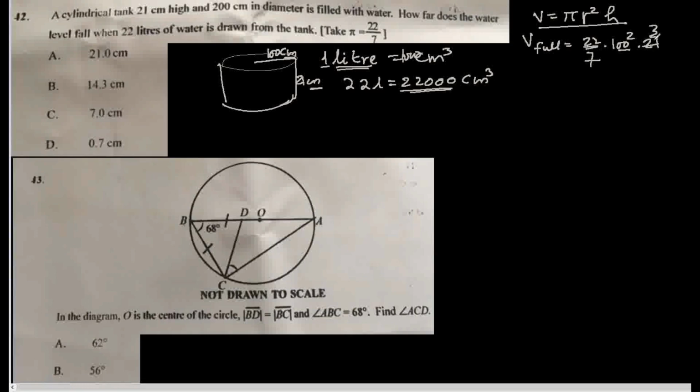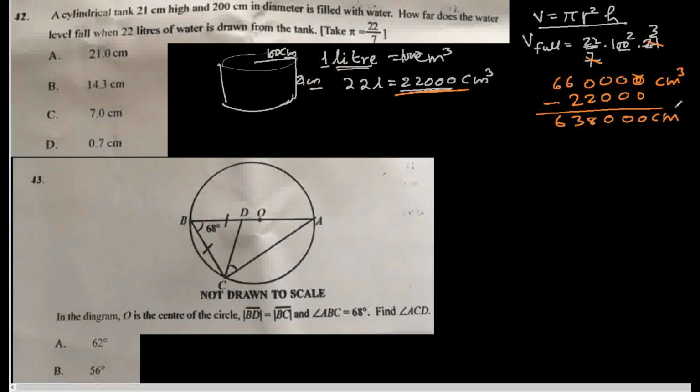So 22 times 3 is 66 and 100 square will be 10,000. 7 is gone already. Centimeter cube. This is the volume of the water originally. Out of this, 22,000 came out. So 22,000 is subtracted, and it comes to 638,000. This is the new volume after this water has been removed.